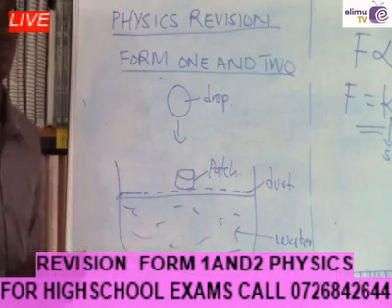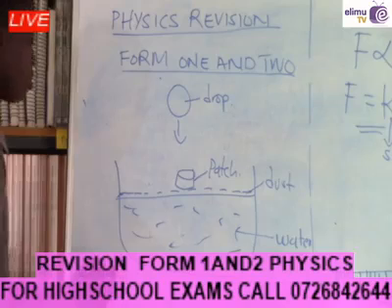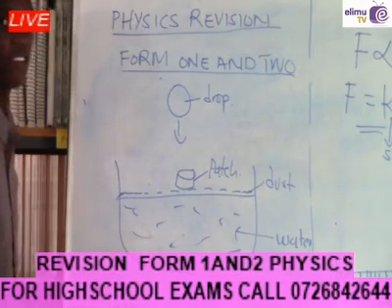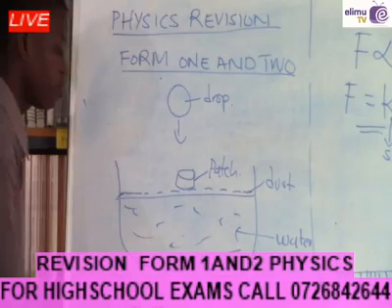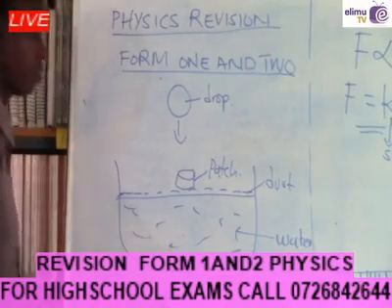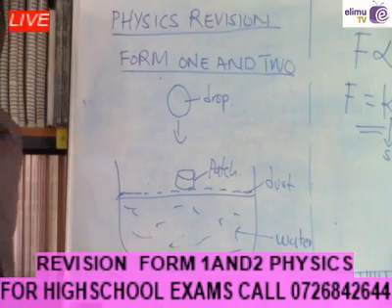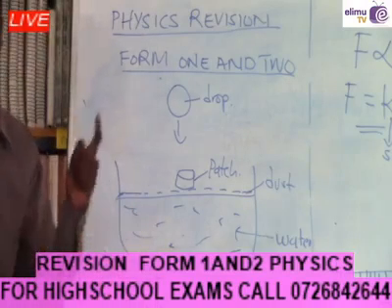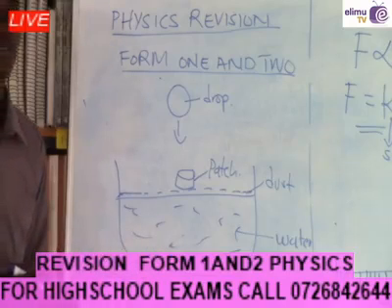How do you estimate the size? If I have the drop in spherical shape in that manner, take the volume of the sphere. The volume of a sphere is 4/3 pi r cubed. You don't have to remember that formula because you can find it in your mathematical table.